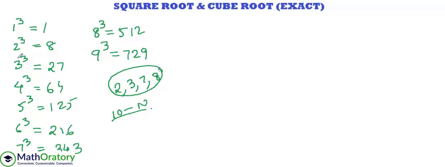So 2 cube ends with 10 minus 2, 3 cube ends with 10 minus 3, 7 cube ends with 10 minus 7, and 8 cube ends with 10 minus 8. For every other number, so 1 cube, 4 cube, 5 cube, 6 cube, and 9 cube, the last digit is the same as the number itself. So 1 cube is ending with 1, 4 cube is ending with 4, and so on.